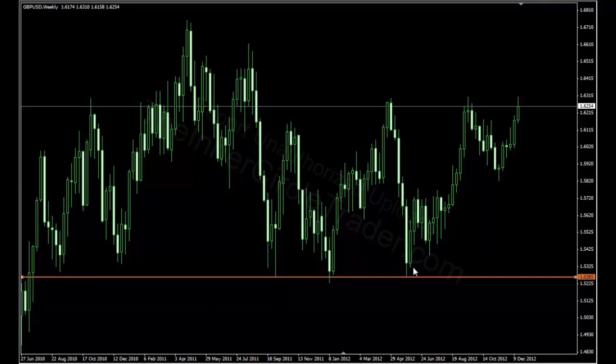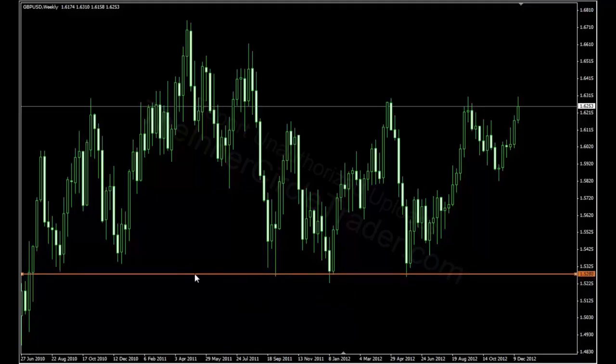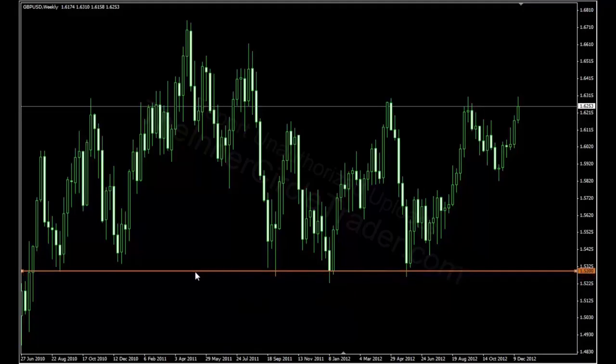Notice what happens over here. Watch this area right here. Okay, we have this low here. If we move up to these particular lows, being this low here, the bodies of the candles here, you can see now we have a much more discernible range in here.